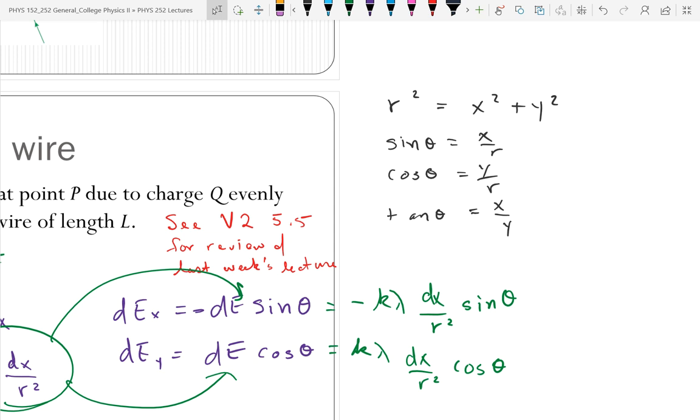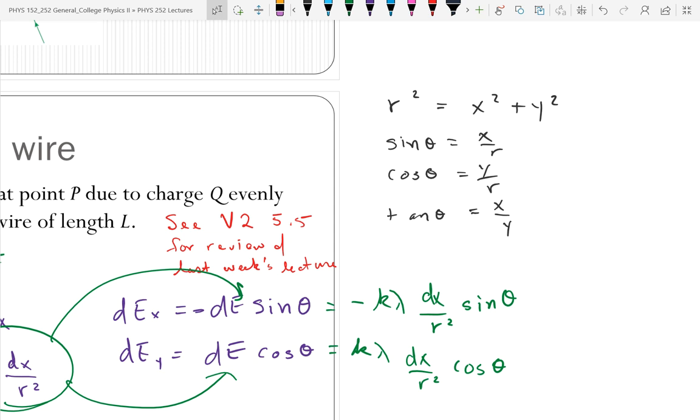And sine theta is x over r, where r is the square root of x squared plus y squared. And then we're going to have it all in terms of x, and we'll be done. And you can do that. It doesn't look that bad, but the integral you're going to have to look up in an integral table. So there is an easier way of doing this.